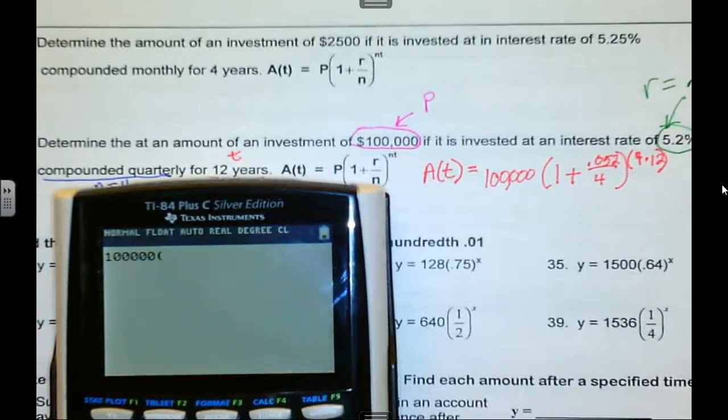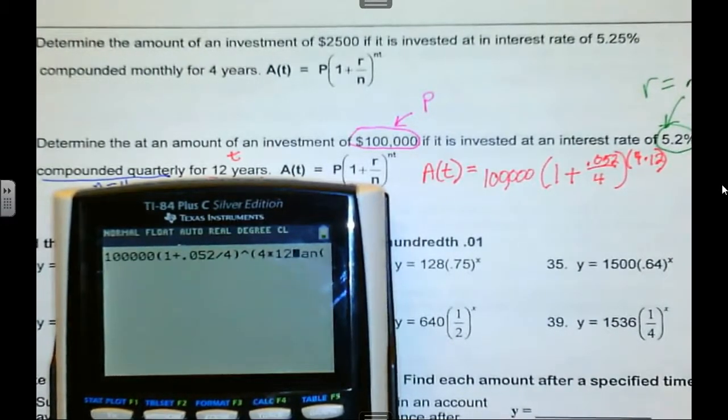Times, parentheses, 1 plus 0.052 divided by 4. Here's the tricky part. Raised to the parenthesis 4 times 12. Close the parenthesis. Oops, that was not good. Okay.